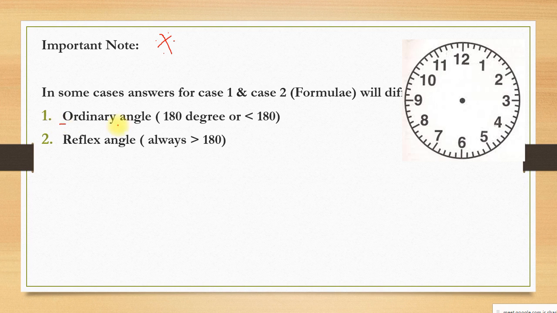One is the ordinary angle, which is nothing but 180 degrees or less than 180 degrees. Be very careful. We are going to study the ordinary angle, which is 180 degrees or less. The other is the reflex angle, which is always greater than 180 degrees. I will tell you one more thing: these cases are very rare, but you should be very careful.